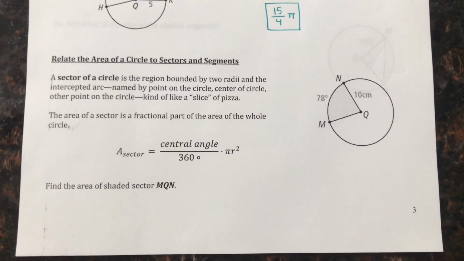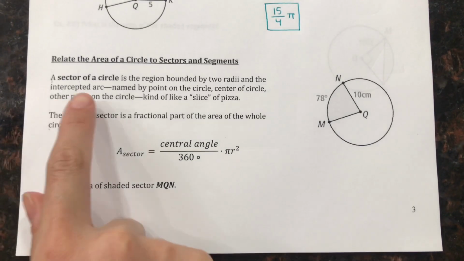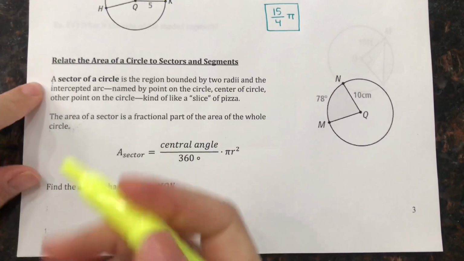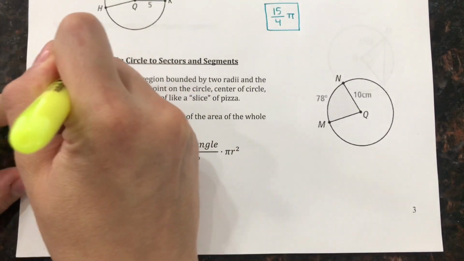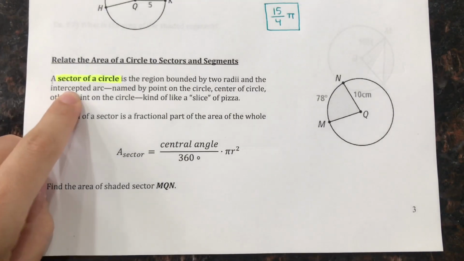Okay, so now we're going to talk about sectors and segments. A sector of a circle is the region bounded by two radii and its intercepted arc. So that word intercepted is coming up again.